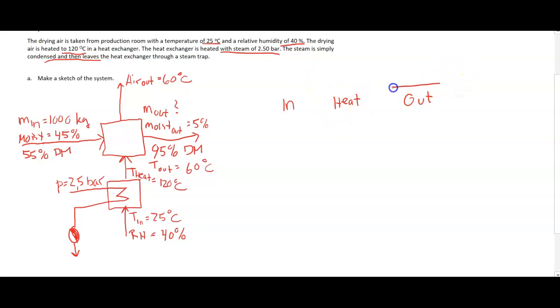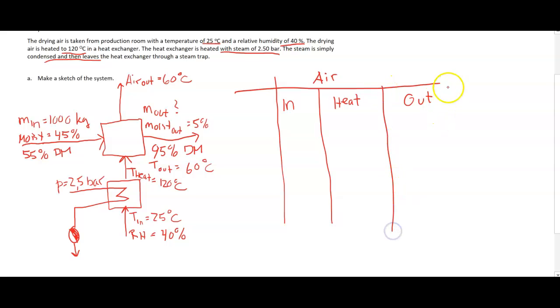So up here, this is the air in the system. So we know that we have several values that we want to look at.